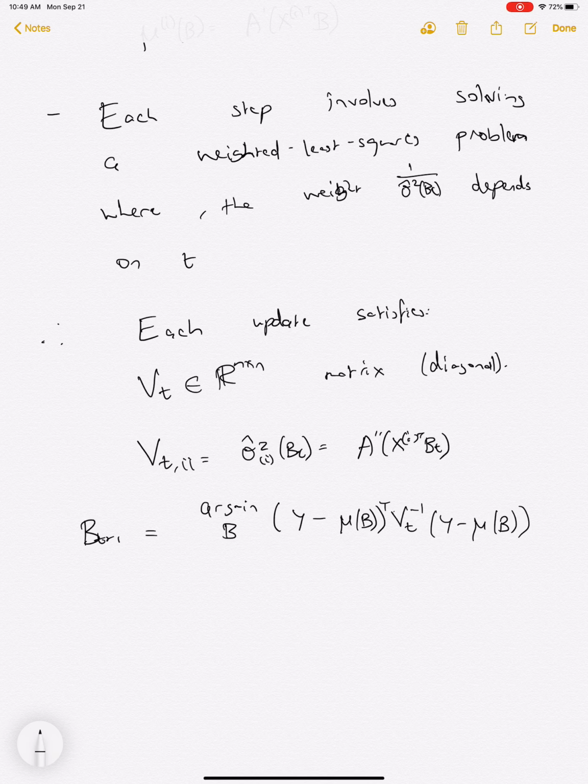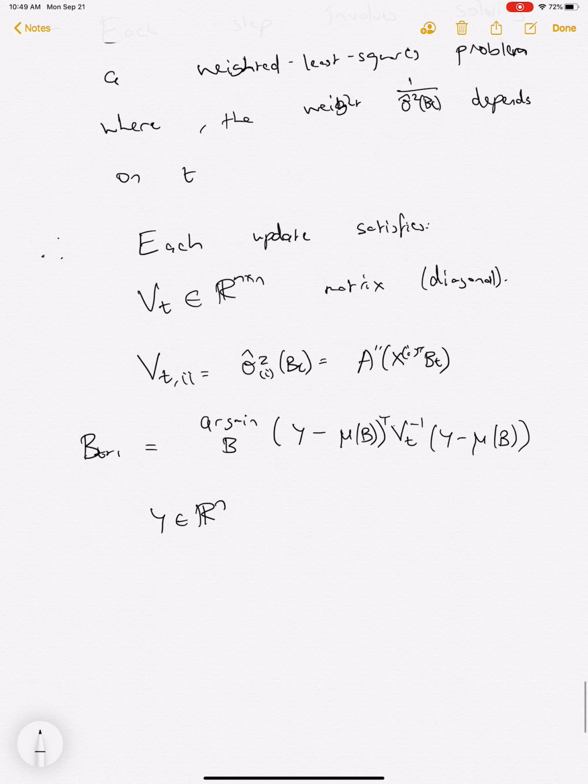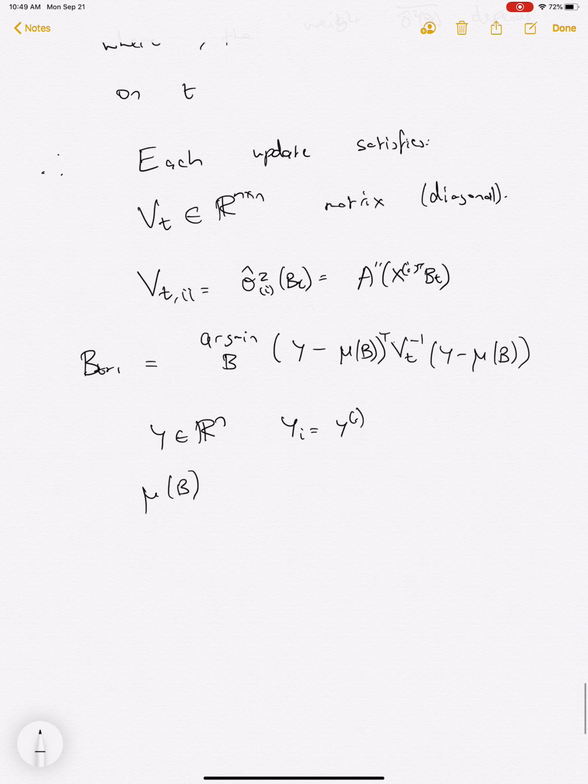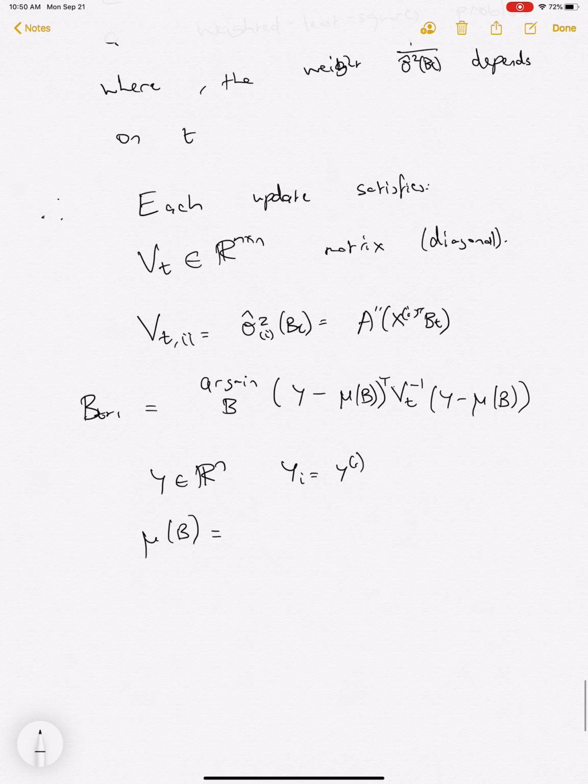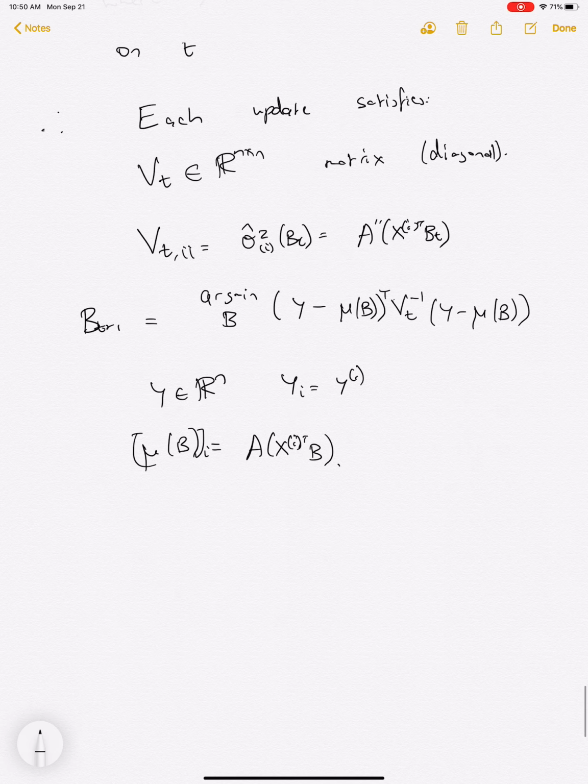And remember here that Y is in R^n, where y_i is just y of i, and mu of b is in terms of the mean. So mu of b of i is just going to be a of x_i transpose b.